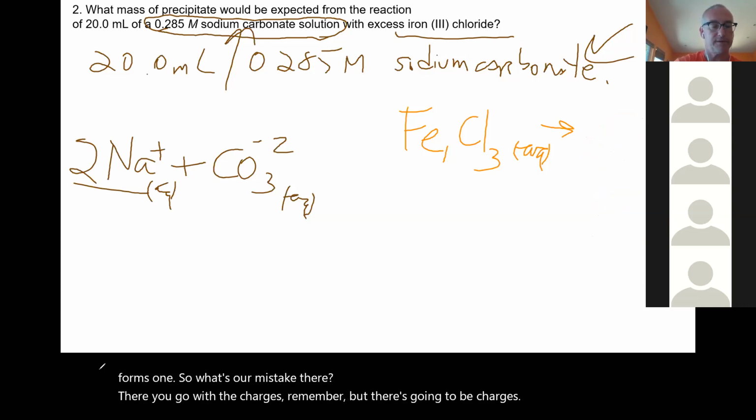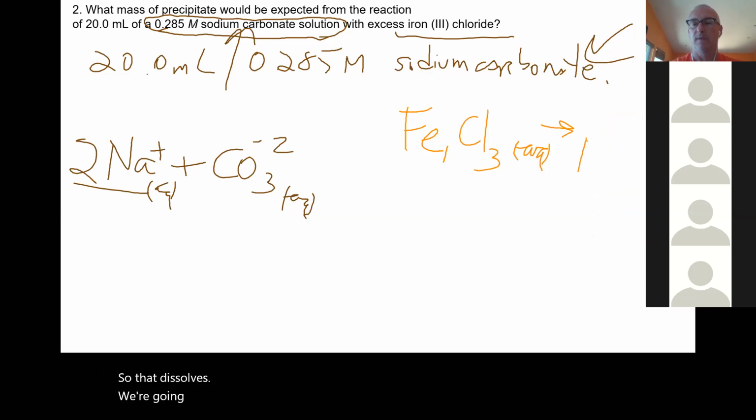So when that dissolves, we're going to get Fe plus 3 and 3 chlorides.